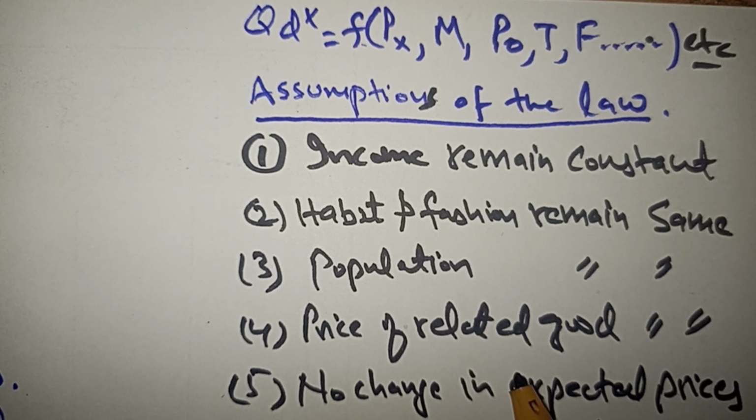And number 2, complement goods. Similarly, the prices of complementary goods must also not change. For example, consider petrol and cars as complementary goods. Petrol is complementary for cars.